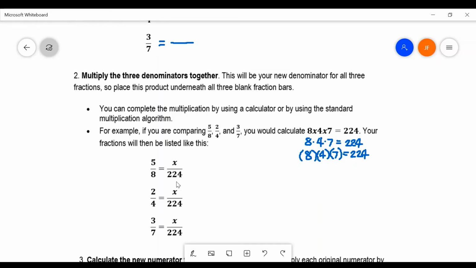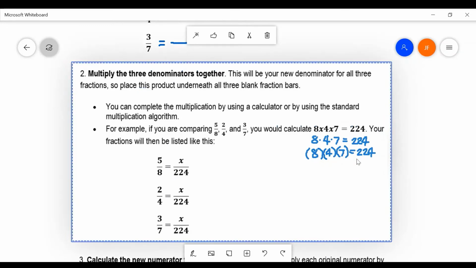It was calculated by multiplying all the denominators, the 8 times 4 times 7. So that's why we have this 224 as the common denominator. Okay, let's proceed.